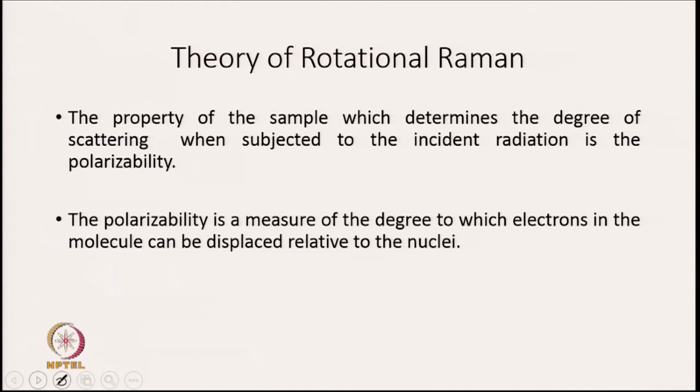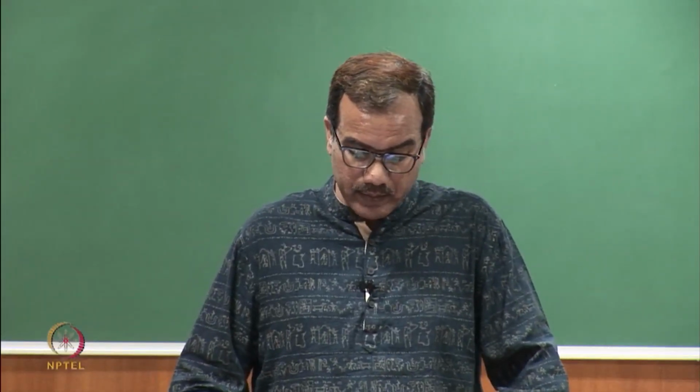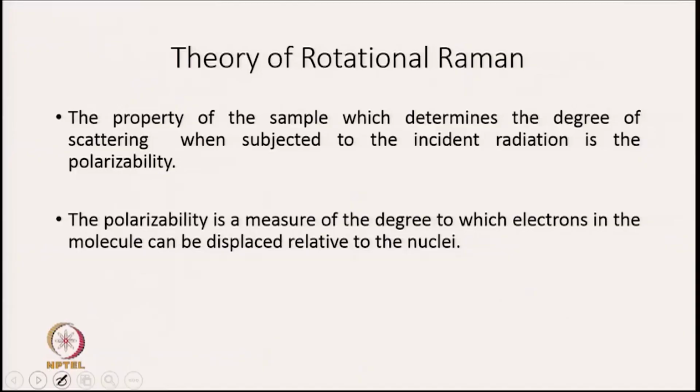So, the factor on which scattering depends is the polarizability of the molecule, not the dipole moment, as we saw for rotational spectroscopy. So, what is polarizability? It is a measure of the degree to which electrons in the molecule can be displaced relative to the nuclei.